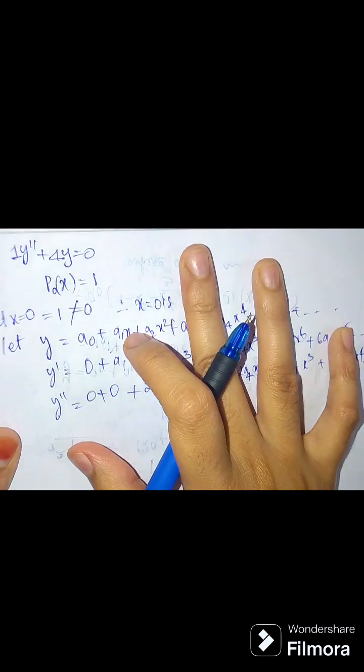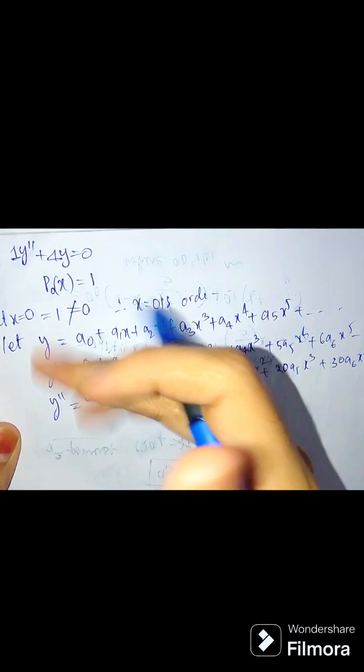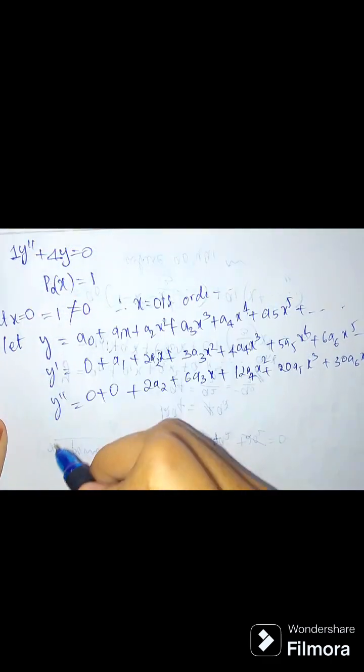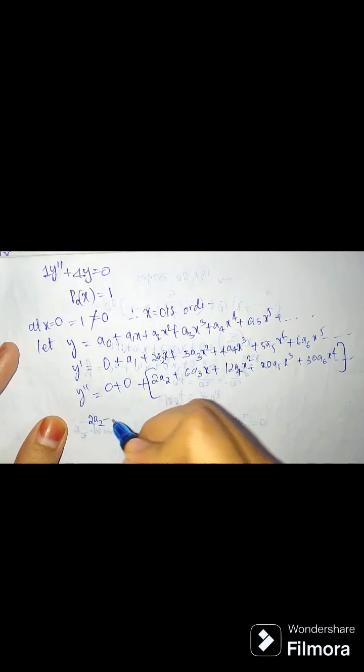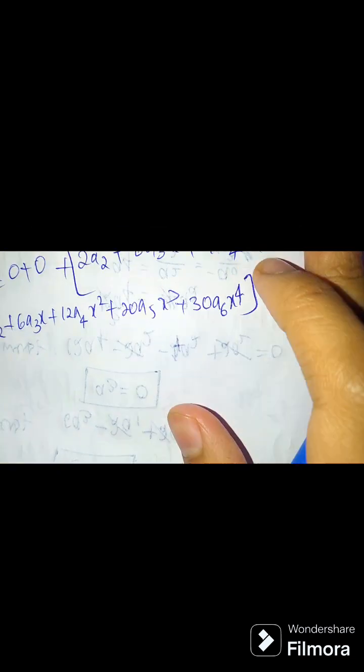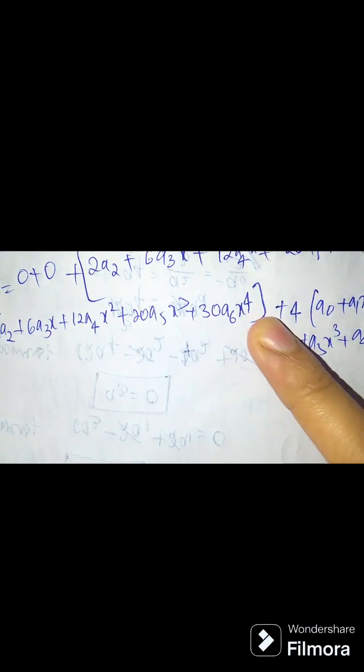We should substitute this in our question. What's the question? Y double dash means this whole thing. I'll write 2a2 plus the rest, substituted in y double dash plus 4y. Now what do we have to do? Find powers.